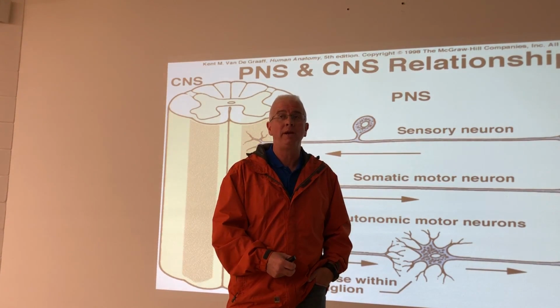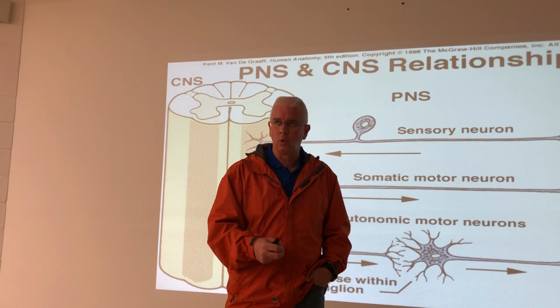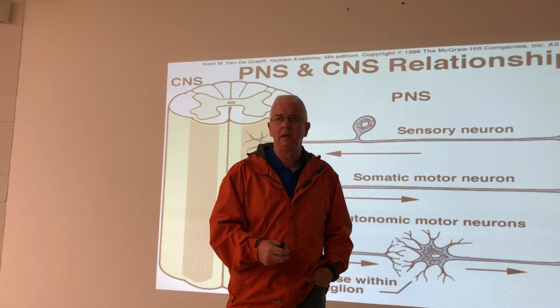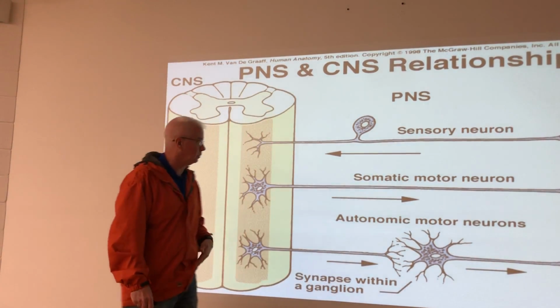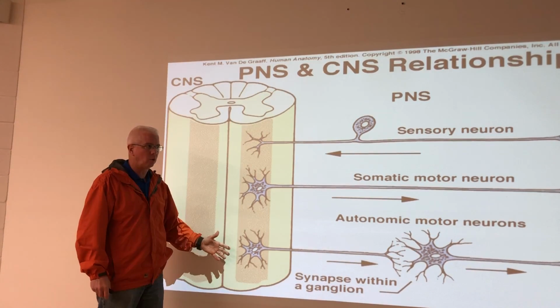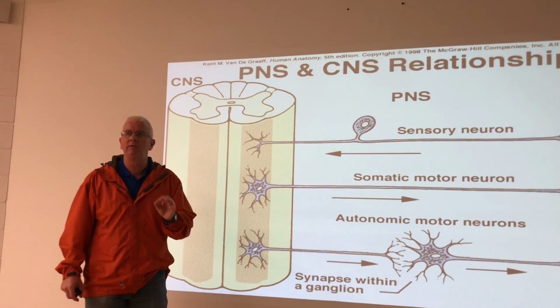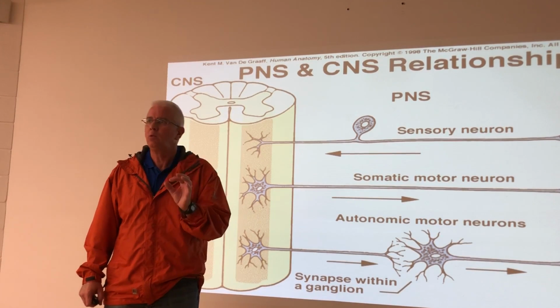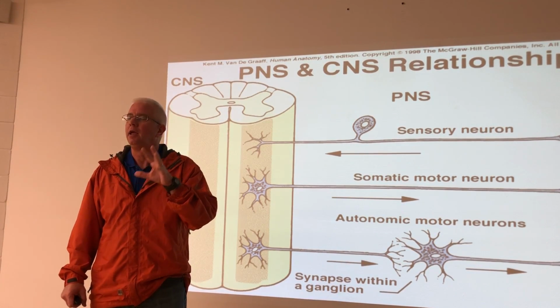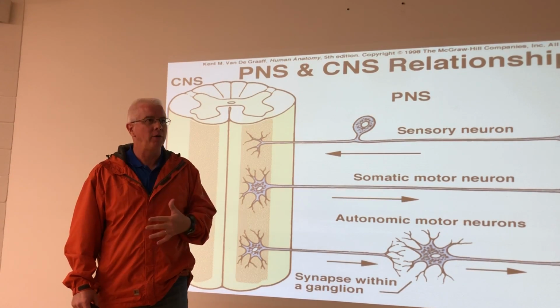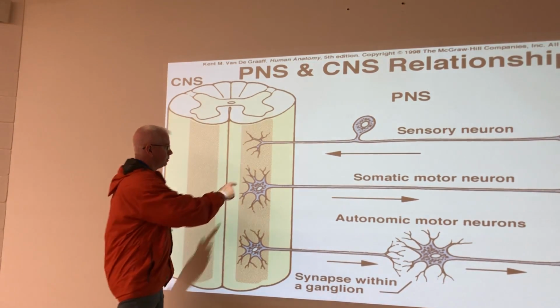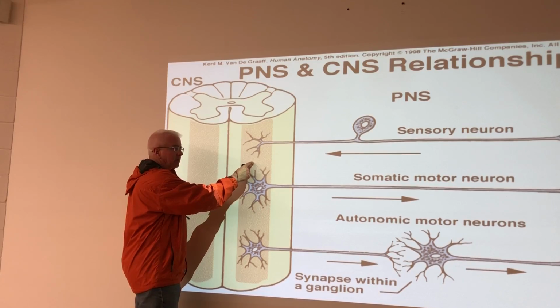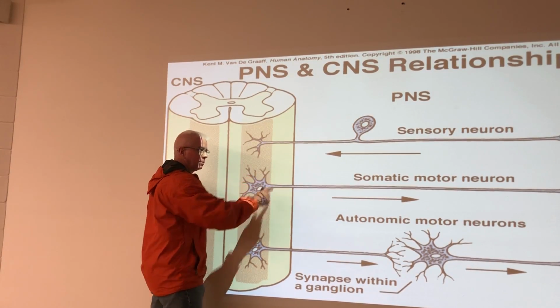Now, for appearance, so I can get the word ganglion in your heads. If you look at nervous system tissue, so this is a picture of the spinal cord here. If you look at nervous system tissue, anyone can clearly see that for the brain and the spinal cord, some of the tissue looks dark and some of the tissue looks light.